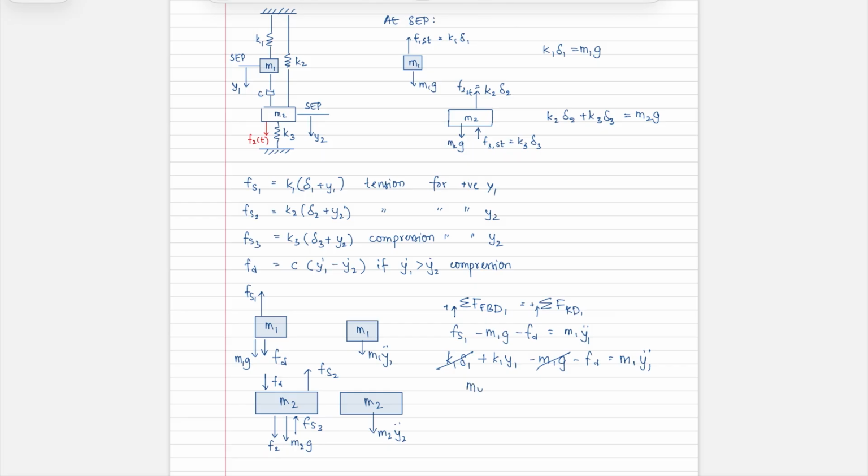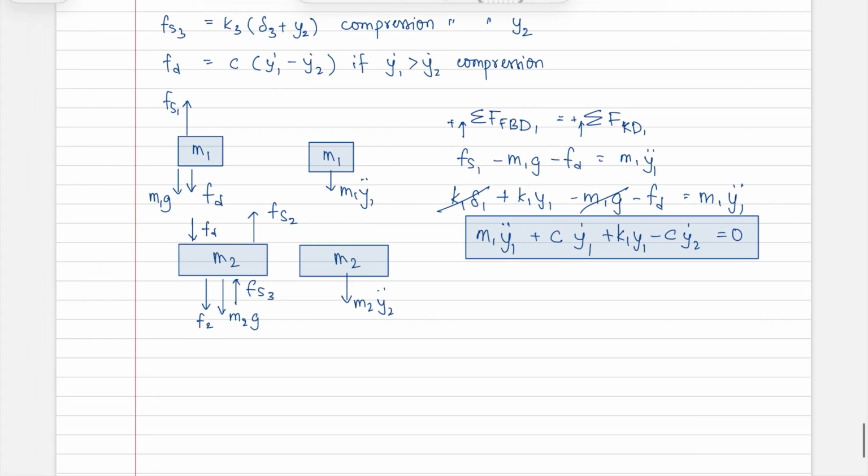And you get as a result M1 Y1 double dot plus Fd, where Fd is C Y1 dot minus C Y2 dot, and then plus K1 Y1 is equal to 0. So this here is your equation of motion.